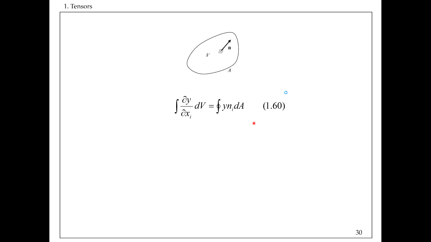So this is your familiar formula, and what is important here is that we connect the integration of a partial derivative of that function over the volume to the integration of the value of that function on the surface, taking into account the direction of the surface, and this is the sign of the integration over the surface.